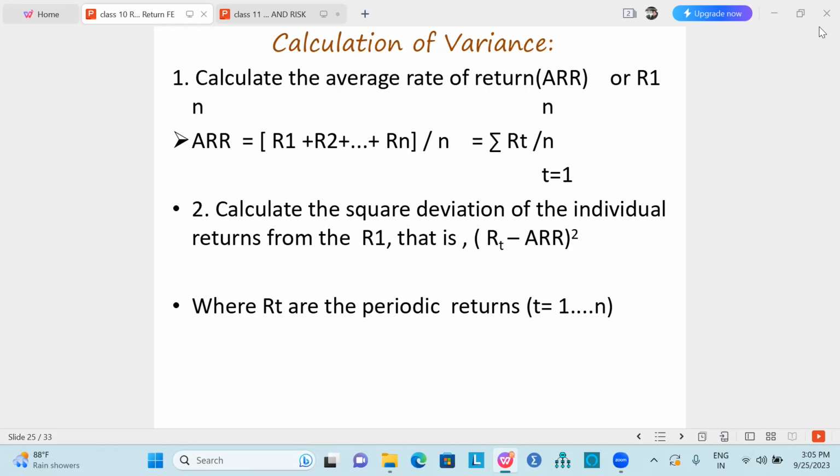Second step is you take the deviation of your returns from the average rate of return. This is your second step. Have you written? It's writing, ma'am. Okay. Writing. Okay.